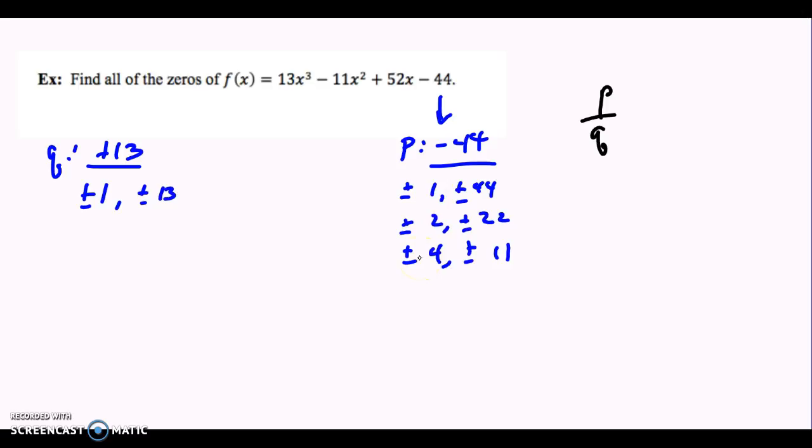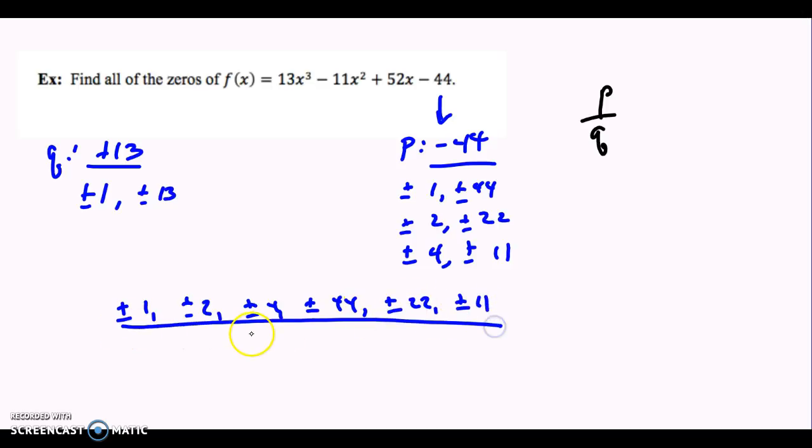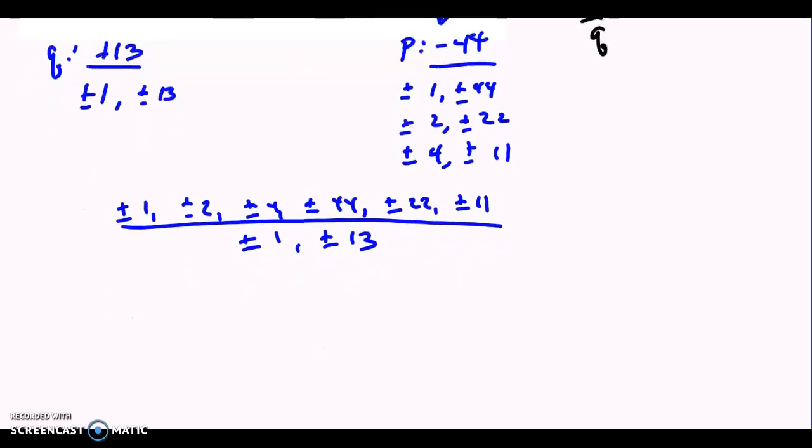So p over q means that I'm going to take all these factors in the numerator, so plus and minus 1, plus and minus 2, and the list keeps on going. And I'm going to divide them by the potential zeros of q. And again, this is equal to p over q.